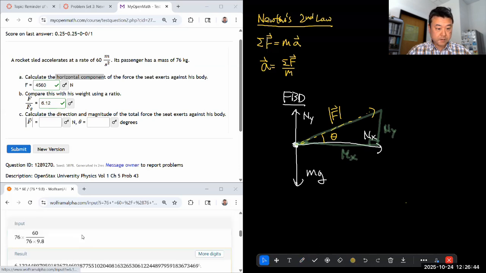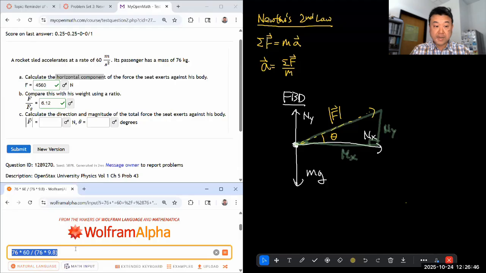So nx, I already have it, 4560. So that's nx squared plus ny squared. I don't technically have ny, but looking at this free body diagram, vertically the forces should balance out. So this ny should be equal to mg.